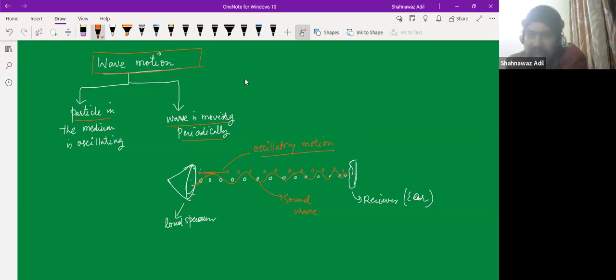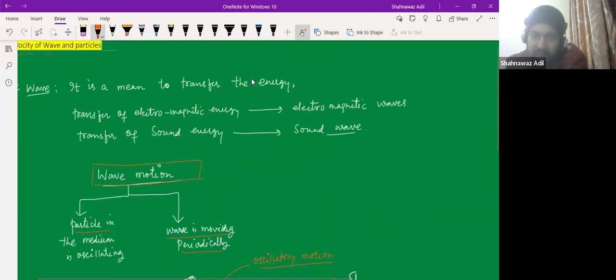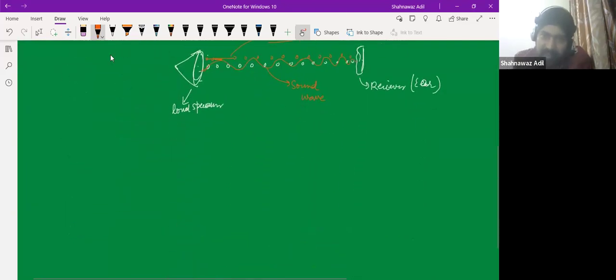Then how many kinds of wave do we have? The types of wave. There are mainly three types of wave.